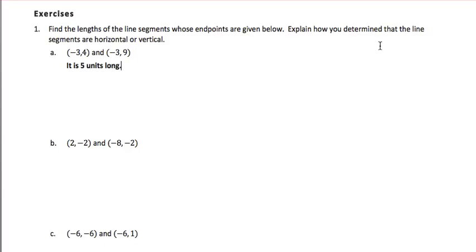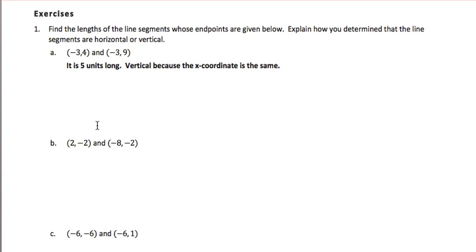They're also asking us now, explain how you determine if the line segments are horizontal or vertical. So if our x-coordinate is -3 and remains at -3, this is vertical because the x-coordinate is the same.